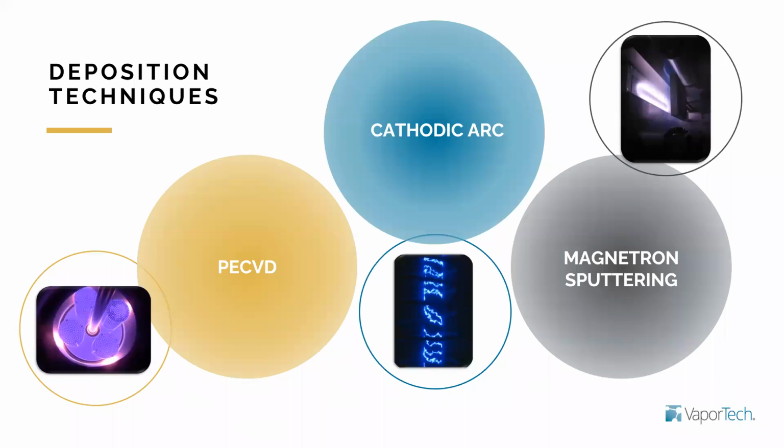The difference is that for the two on the right-hand side, the arc and sputtering, the coating is made from a solid target, those that you see in there, a solid material that then sprays those out. And forgive me, the term spray is not really a technical term, it's just to make it easy to understand what's going on.